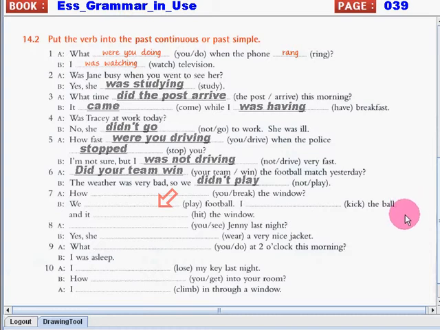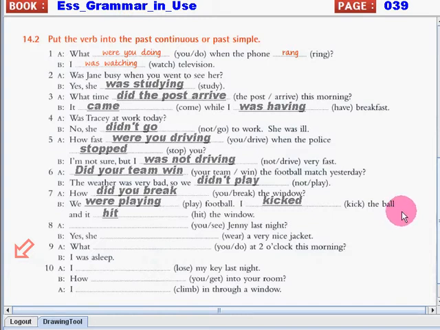Number 7. How blank the window? We blank football. I blank the ball and it blank the window. Our question is in the simple past tense. How did you break the window? Okay, so we have a long action here.